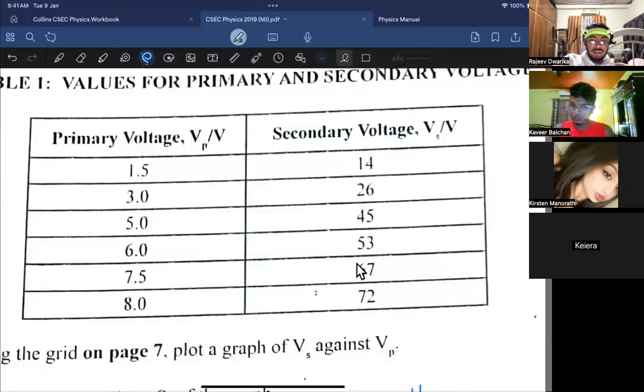Look at the voltages. Justin, when the voltage was 1.5 in the primary, what was the voltage in the secondary? 14. Did it step it up or decrease it? Step it up. Right. So what kind of transformer is this? Step up transformer.